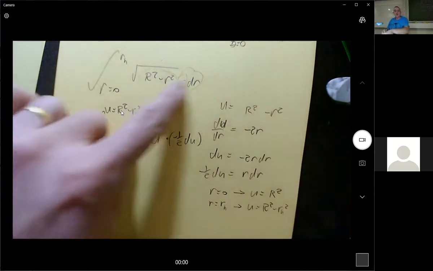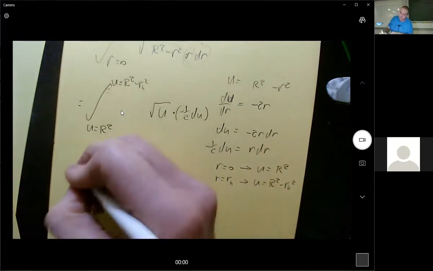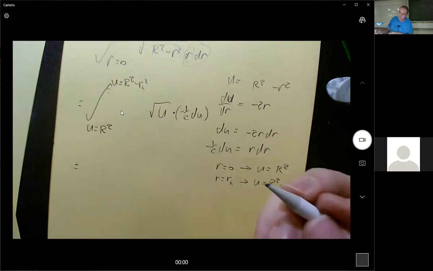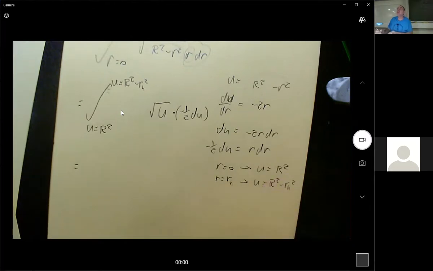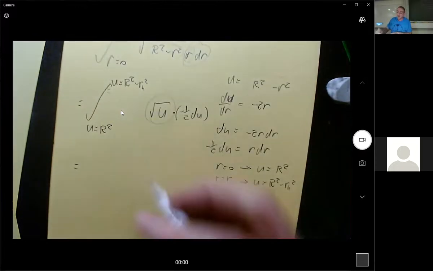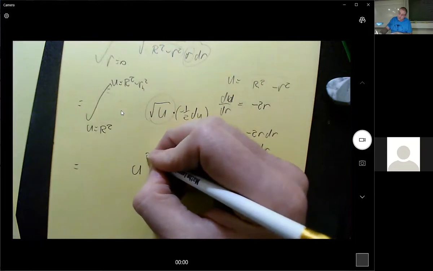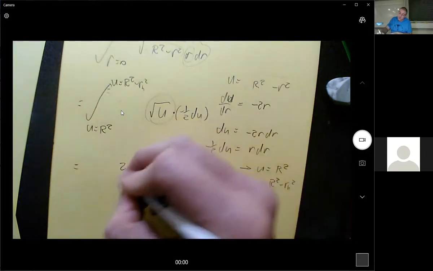So that became a u, that became minus a half of du, and now I've got this integral, which I don't like particularly, but there we go. That's the same as u to the power of a half, so the power would go up by 1 to 1.5, and I divide by the new power.